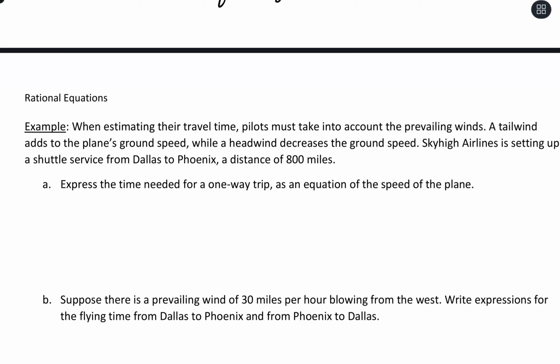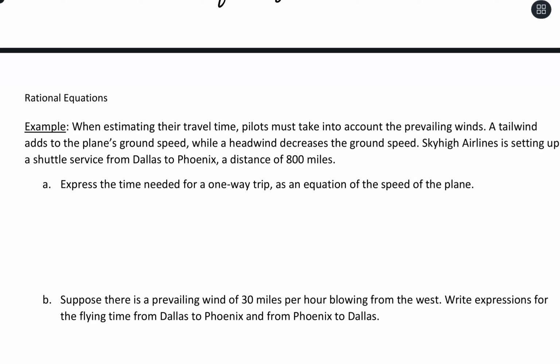So let's put, just for a visual, Phoenix over here, Dallas over here, a quick little compass of north, east, south, west. And we're going between these two locations, 800 miles.